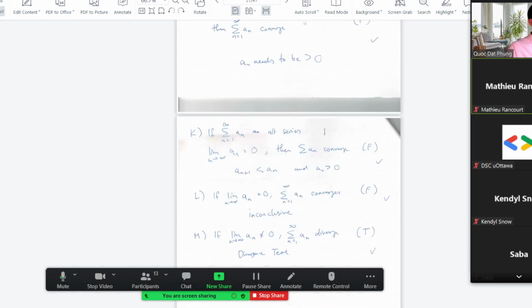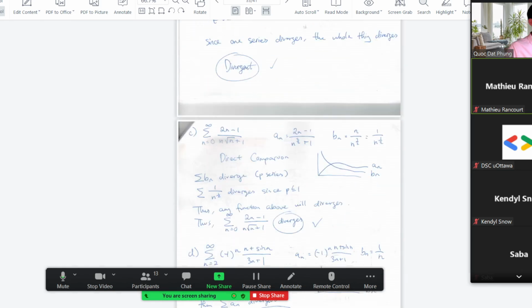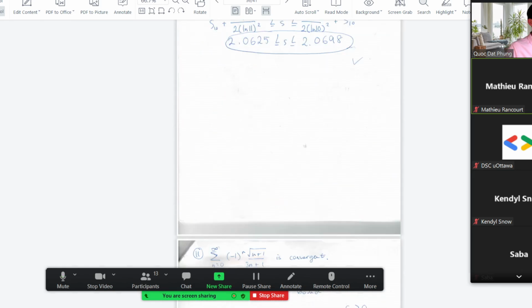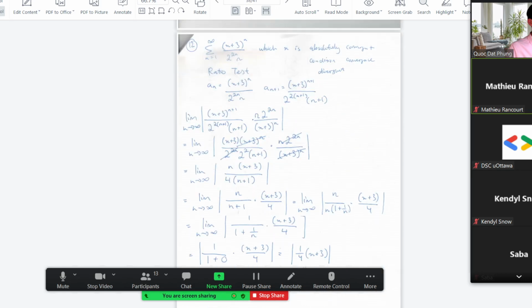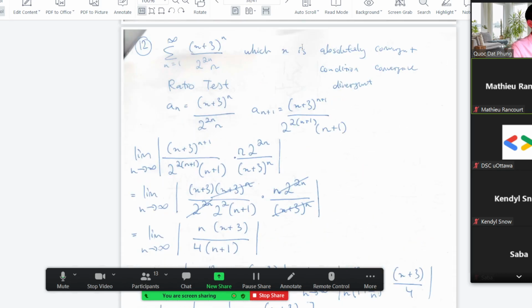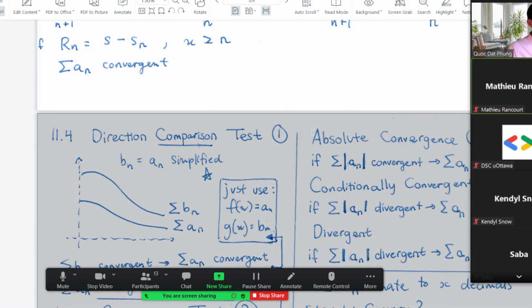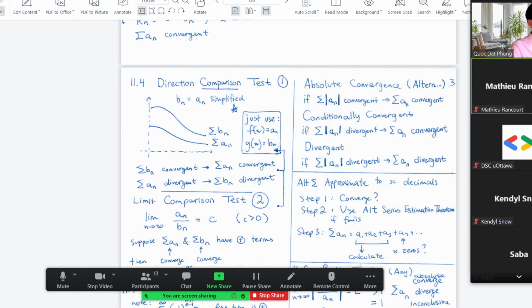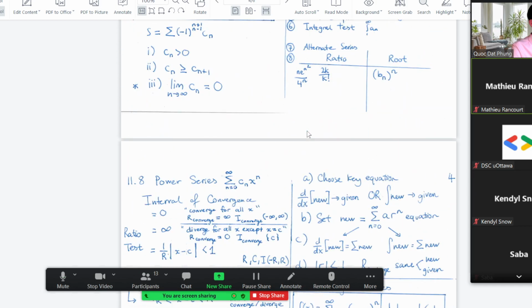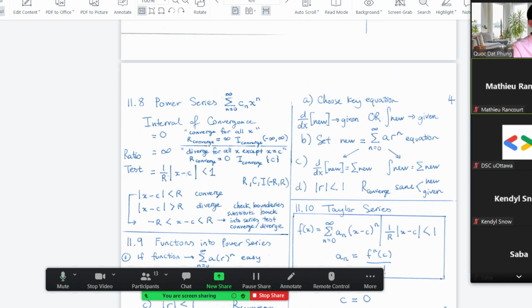So let's take a look at question number 12. You want to find the value of x where it's absolutely convergent, right? And if you look in the formula sheet, you can find that formula for the convergence here.